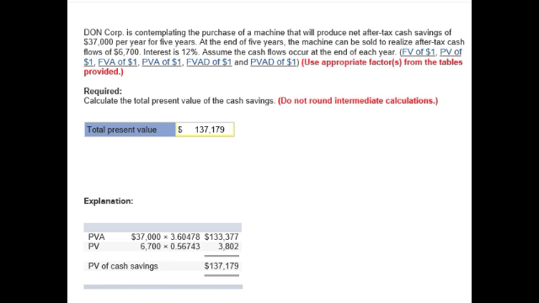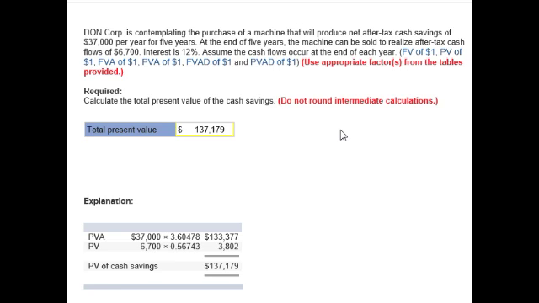The second sentence says, at the end of 5 years, the machine can be sold to realize an after-tax cash flow of $6,700. Interest is 12%. Assume the cash flows occur at the end of each year. Now we are required to calculate the total present value of the cash savings. Well, it says right there we need to calculate total present value of cash savings.